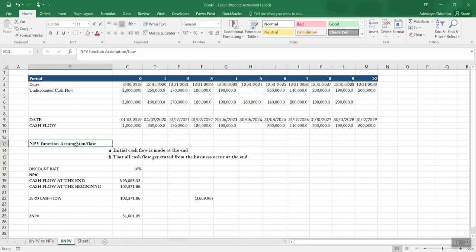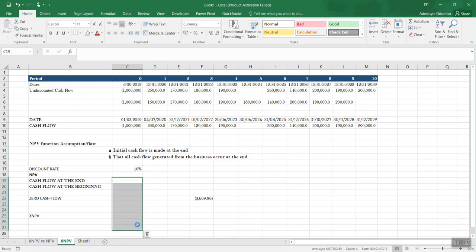There are some assumptions of the NPV function in Excel, which appear to be its flaws. One, the initial cash flow is made at the end, and two, all cash flow generated from the business occurs at the end. To solve this, we need to quickly introduce this to you.